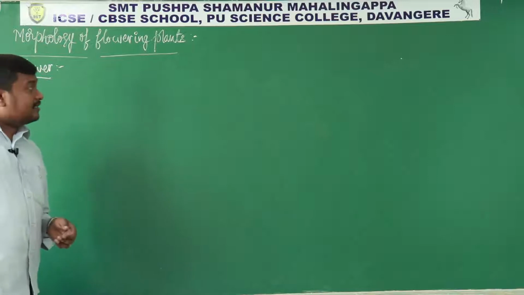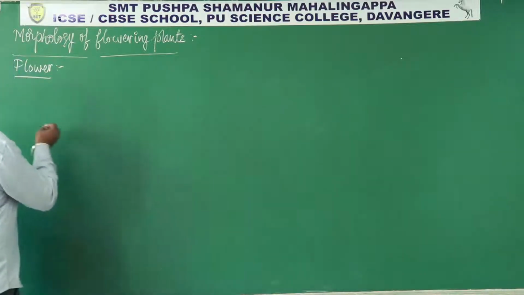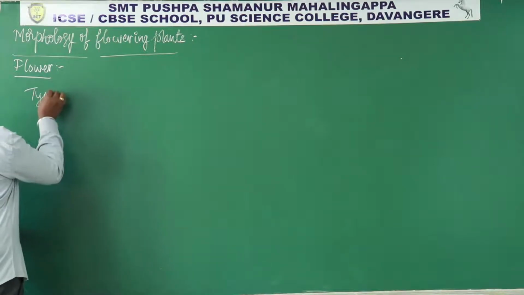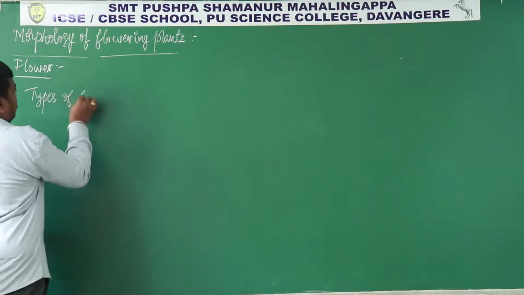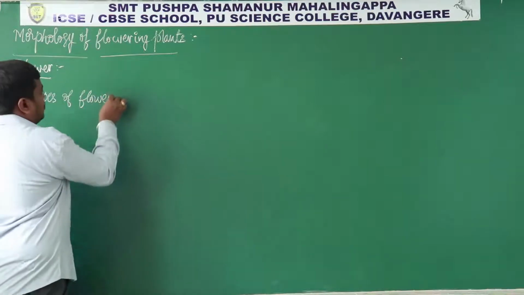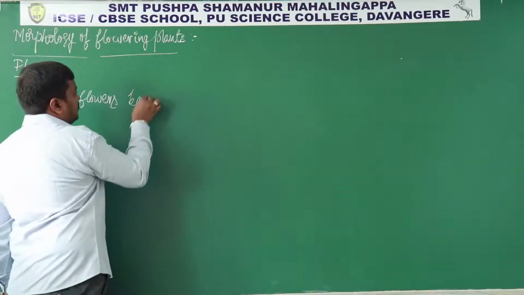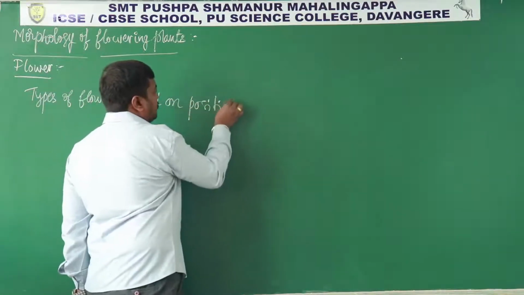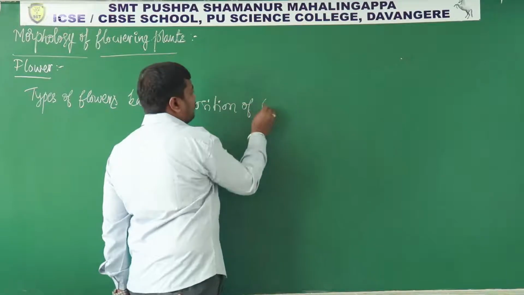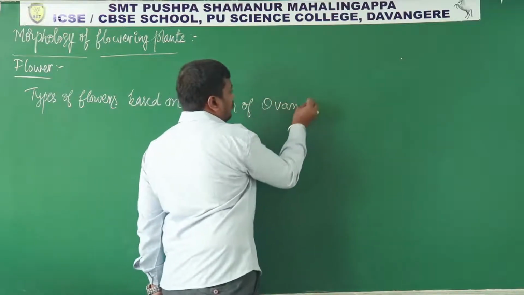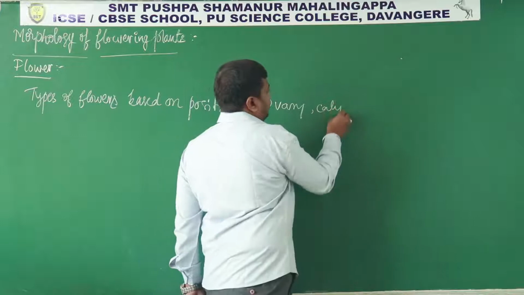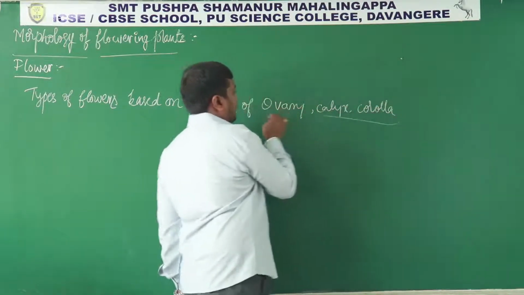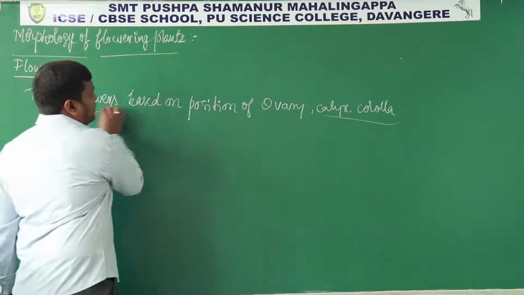Okay, and come to the other part of the flower, that is the types of flowers based on the position of ovary, calyx and corolla.